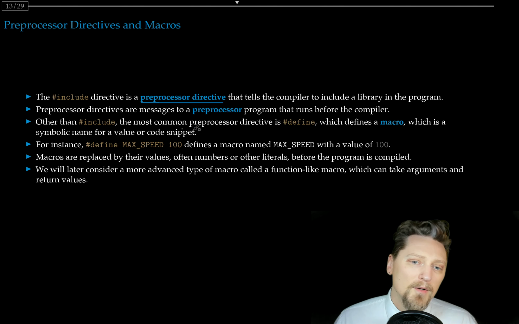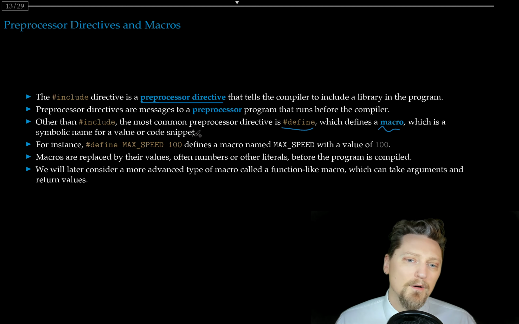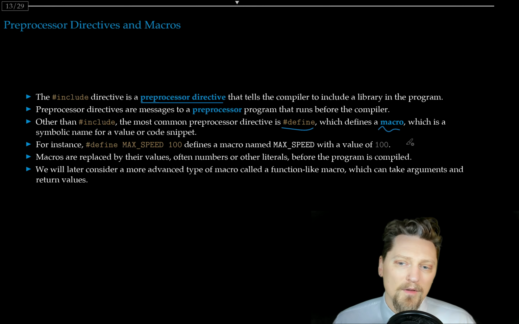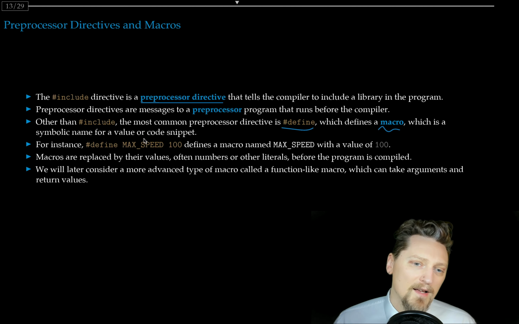Other than include, the most common preprocessor directive is define, which defines a macro, which is a symbolic name for a value or a code snippet. For instance, #define MAX_SPEED 100 defines a macro named MAX_SPEED with a value of 100. We like to capitalize macros as a convention. Macros are replaced by their values, often numbers or other literals, before the program is compiled.